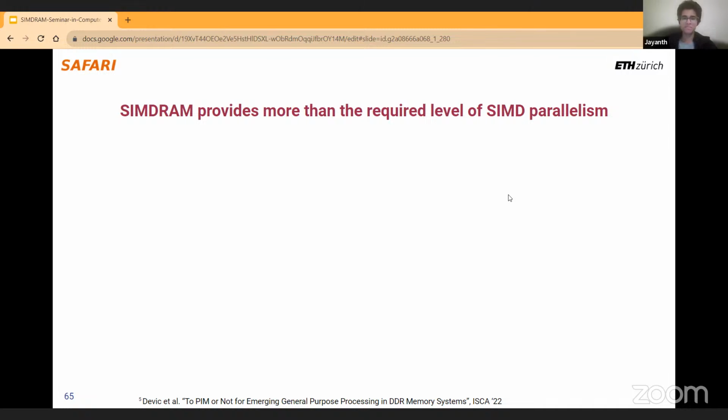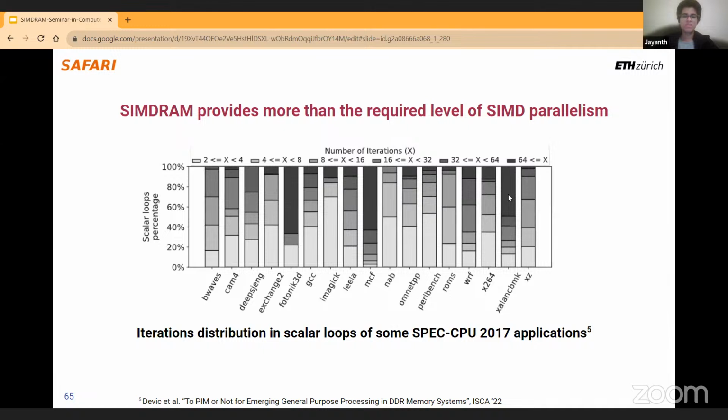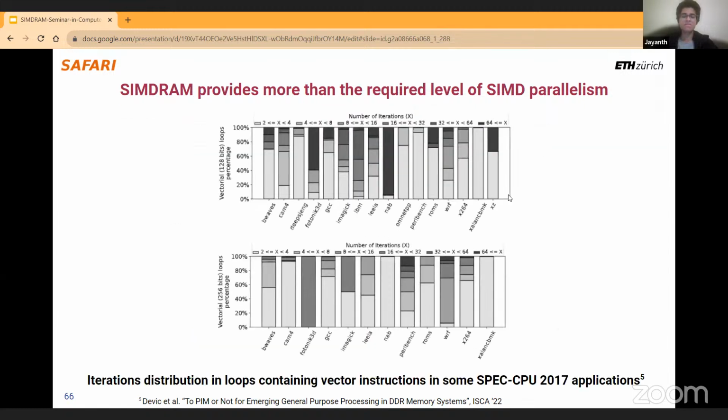So what exactly does this mean? This plot is from one of the works in 2022, which is cited here below, and shows the iterations distribution in scalar loops of SPEC CPU 2017 applications, which are a standard for benchmarking CPUs. And these are some other plots from the same paper, which show iteration distributions in loops containing vector instructions of 128 and 256 bit widths.